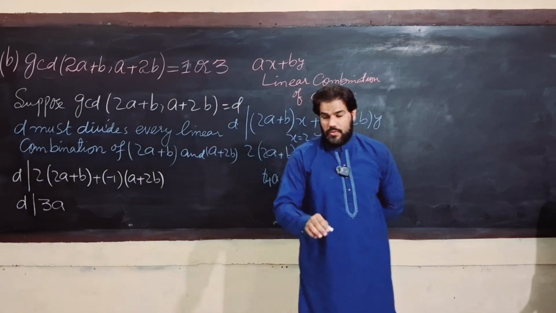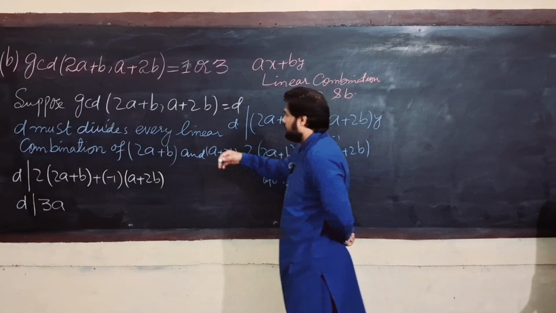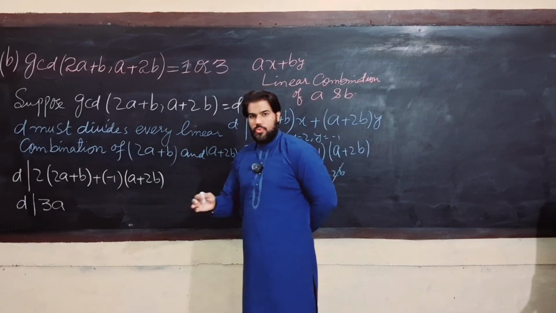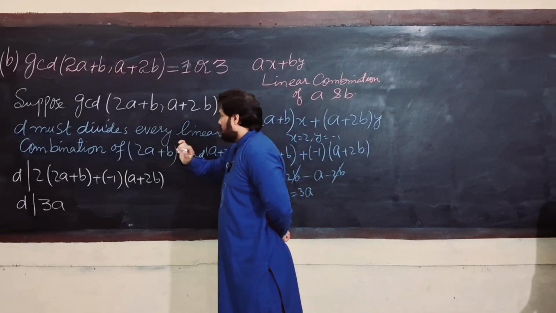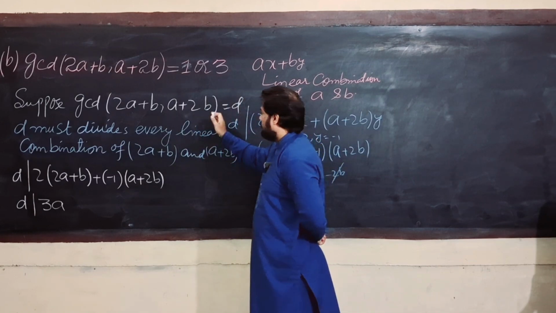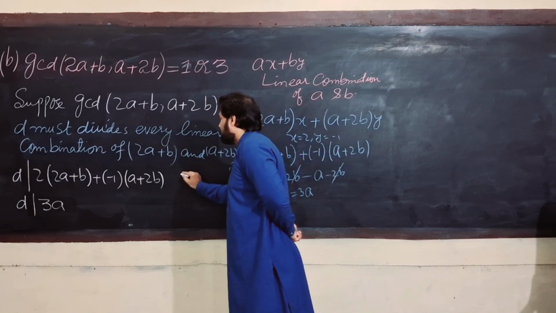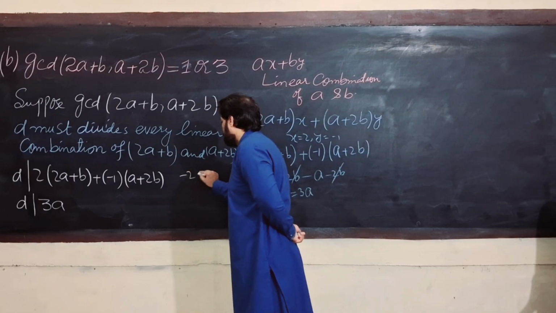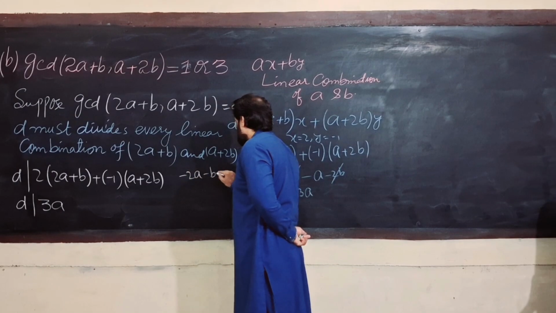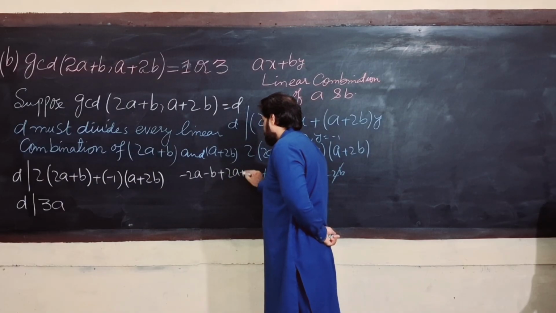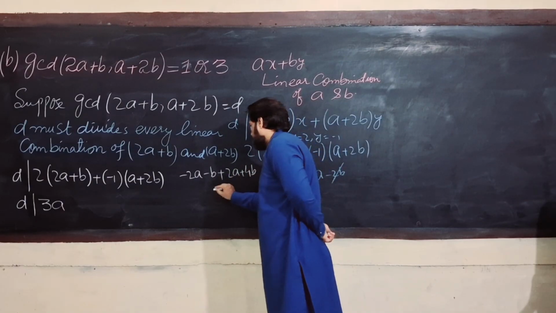Similarly, now I want to eliminate the value of A from here. If we multiply the second number by 2 and the first by minus 1, and after adding, A would be cancelled. That is, if we multiply the first number with minus 1, this becomes minus 2A minus B, and the second number with 2, this becomes 2A plus 4B. This gives 3B.